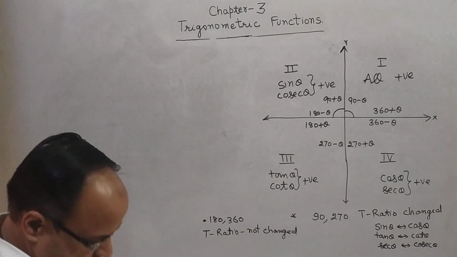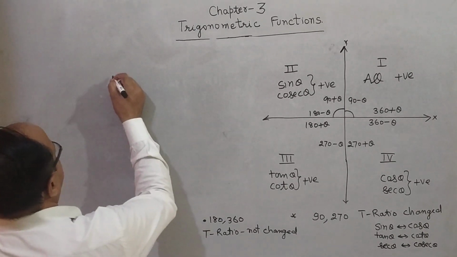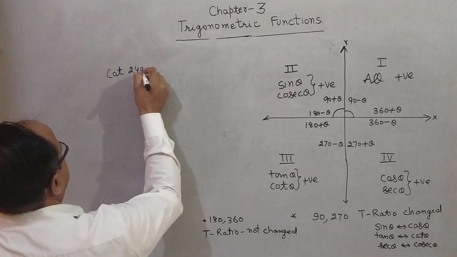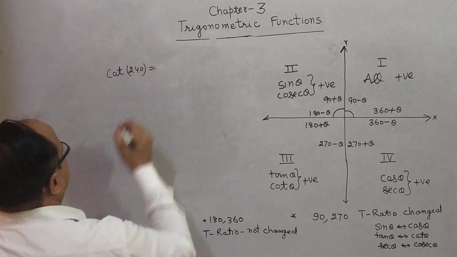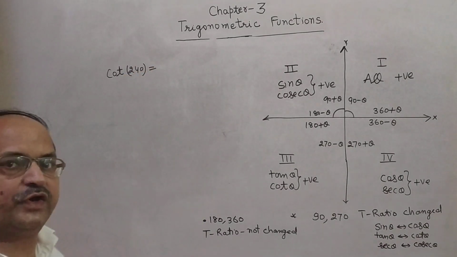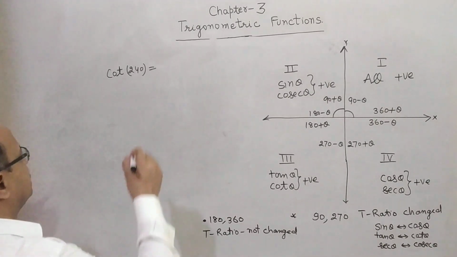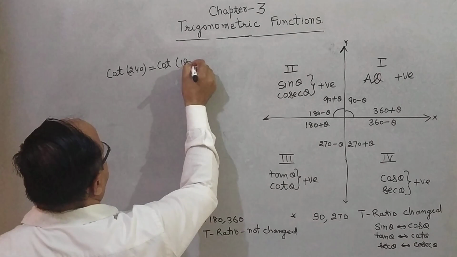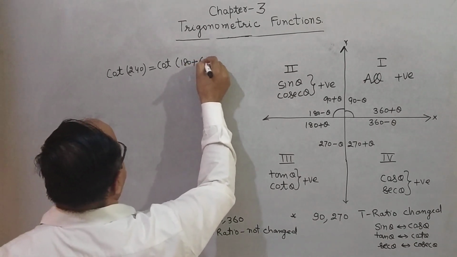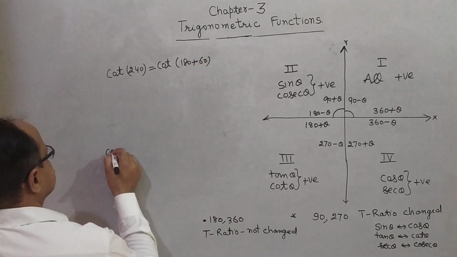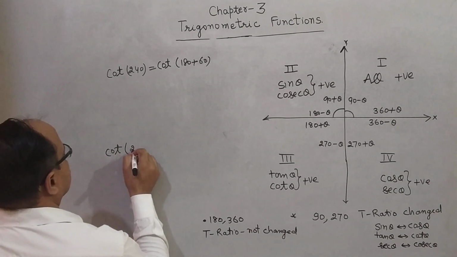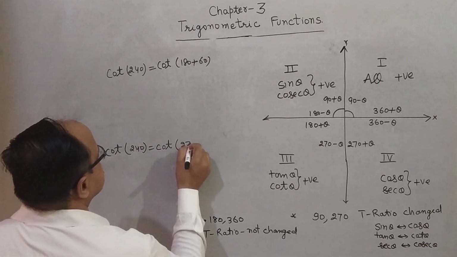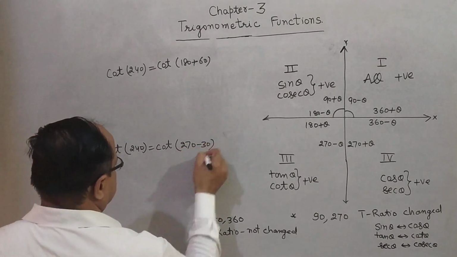One more example. Now tell me cot 240. How can you break 240? If you want to find cot 240, you can write cot (180 plus 60). There are two ways, 180 plus 60, or you can say cot (270 minus 30).